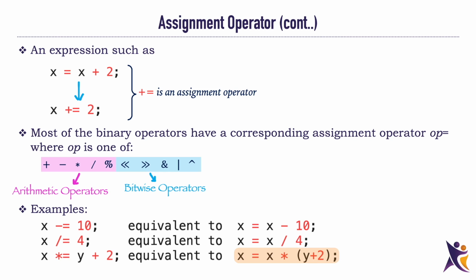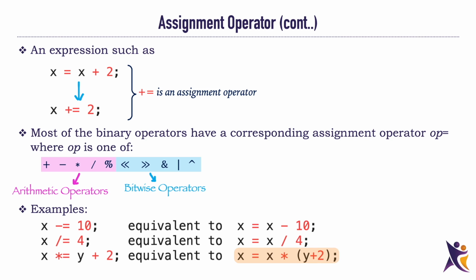In the third example we can see that we have written x equal to x star y plus 2 as a shorthand notation. In this case you should notice the brackets, right?